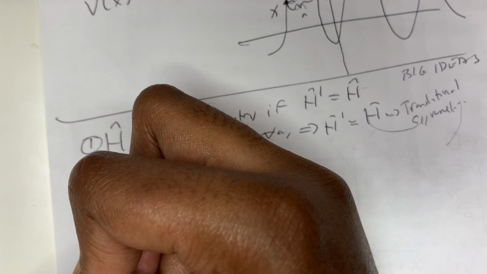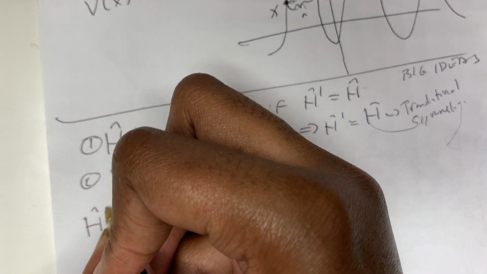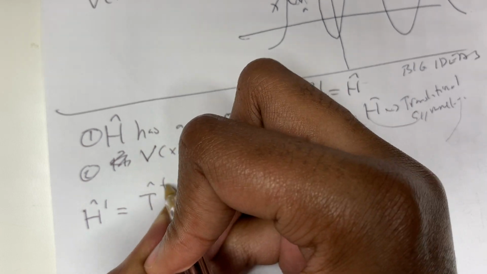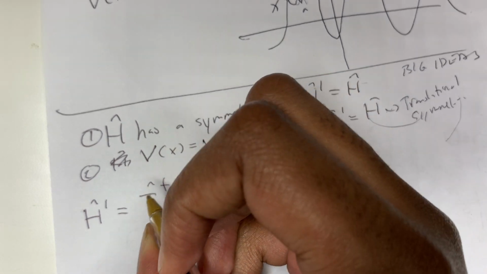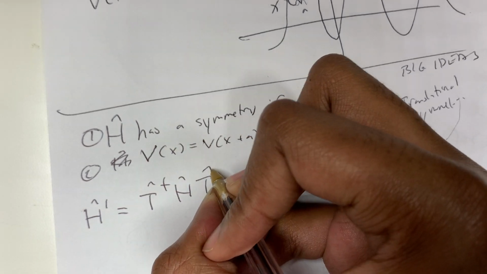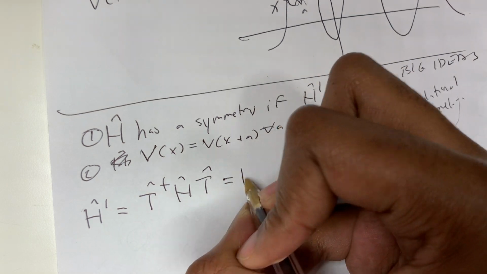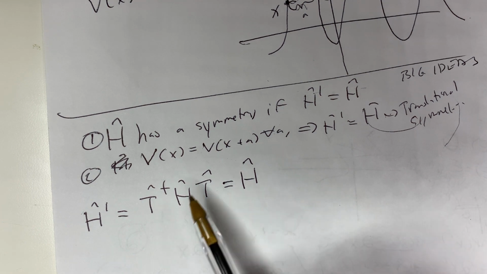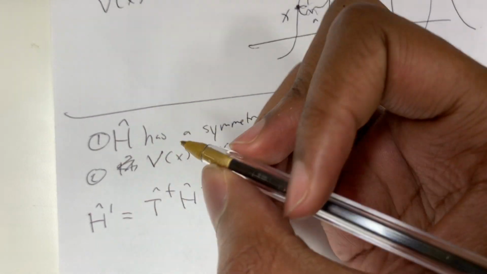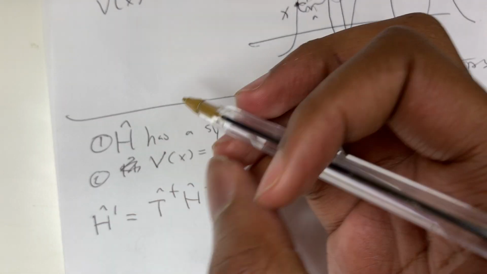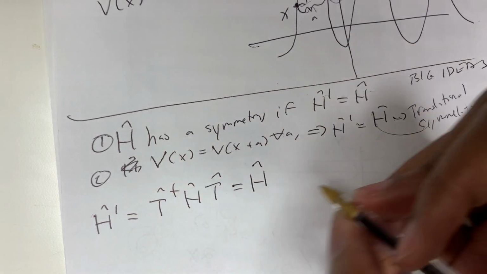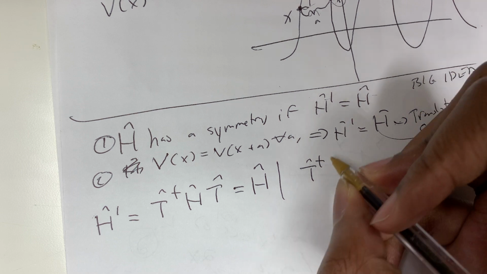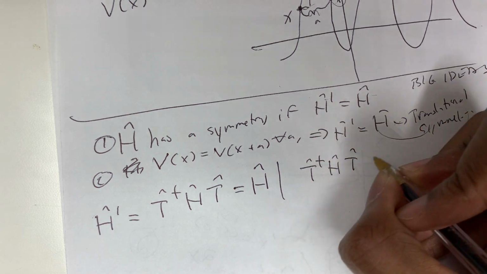Okay, so H hat prime, that's just T hat dagger H hat T hat, and that equals H hat. So we can multiply both sides by T hat. You have T hat dagger H hat T hat equals H hat.